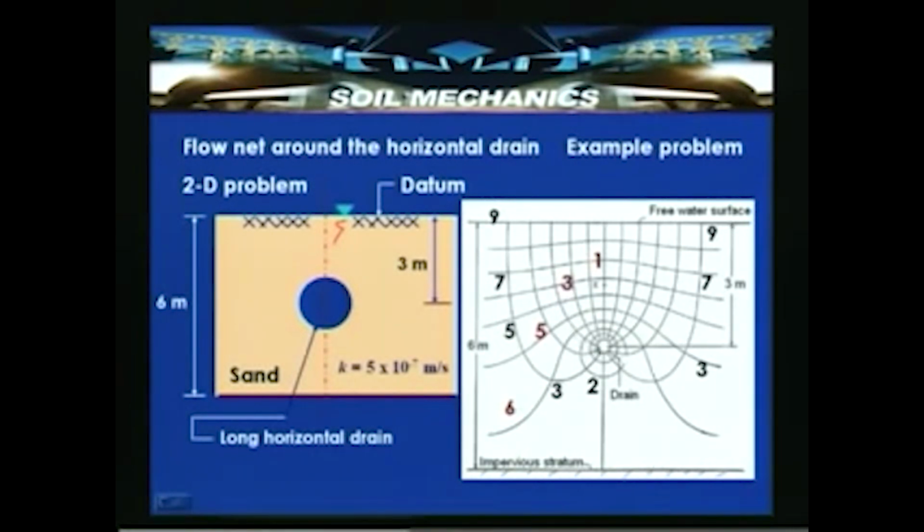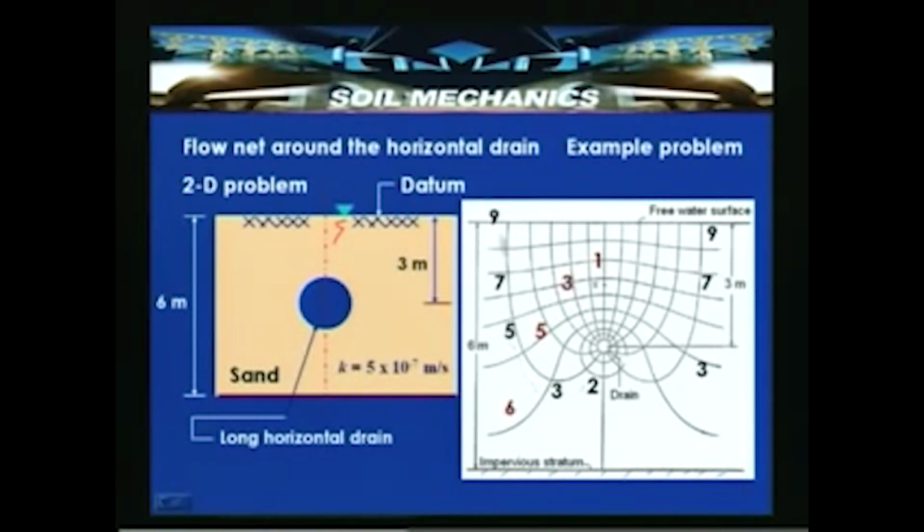This 3 meter is the center, this is the flow net and this is the symmetry. So you have two symmetrical mirror image flow nets which are shown here. Here you see the first equipotential line, second, third, 4, 5, 6, 7, 8, 9.